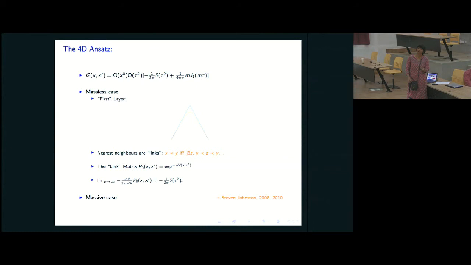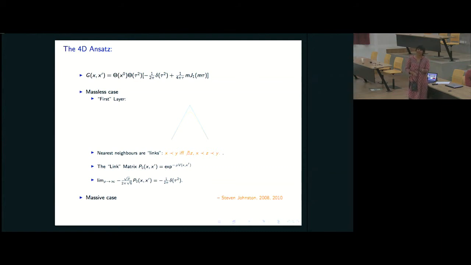Then it's a very obvious thing to look at this first layer that I was talking about, the thing closest to the light cone, right? Because you're thinking of a propagator that's basically only on the light cone. And an analog of that in the causal sets is this first layer, which is the links, which I described, and this I've drawn here.